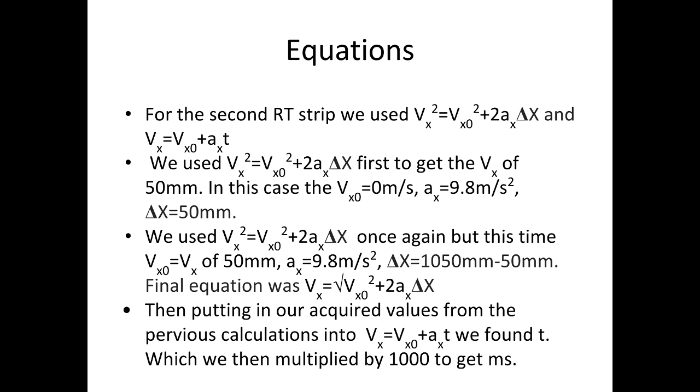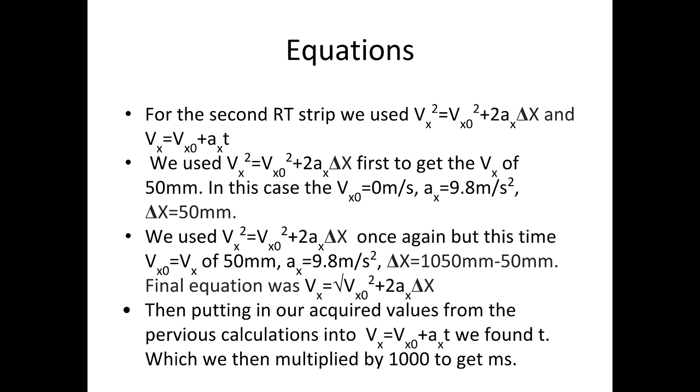So equations. For the second reaction time strip, we used kinematic equation number 3 and kinematic equation number 1. We use kinematic equation number 3 first to find the v of x of 50 millimeters. In this case, the Vx naught equals 0 meters per second, a sub x equaling 9.8 meters per second squared, and delta x equaling 50 millimeters.